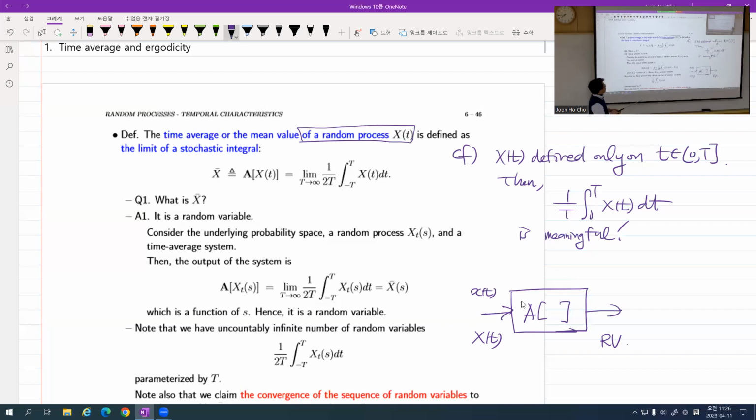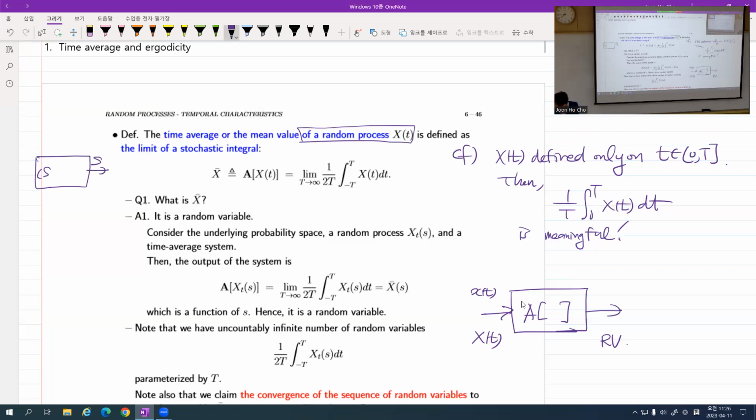But to speak precisely, we'd better use our measure theoretic notation, even though we do not cover much about measure theory, but you know the measure theoretic way to describe a random process. What was that?